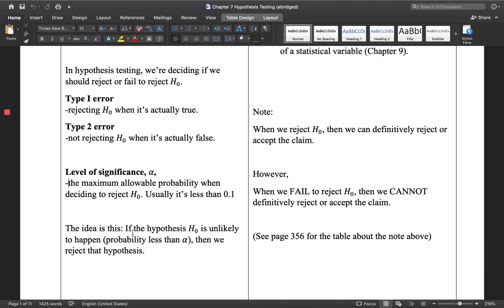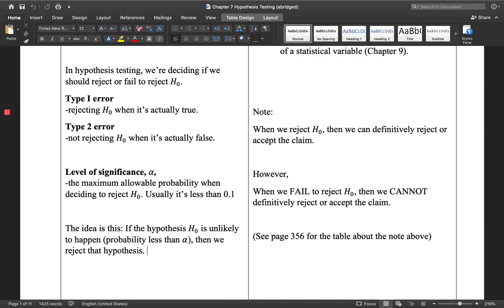And the idea is this: if you have some hypothesis H naught, if it's unlikely to happen, then we're going to reject that hypothesis. But that word unlikely is kind of arbitrary, right? So we want to be more specific and decide, well, how much are we willing to allow? Like if it's going to happen with 10% likelihood, is that enough to reject? Or would you want to go down to 5% or 1%?